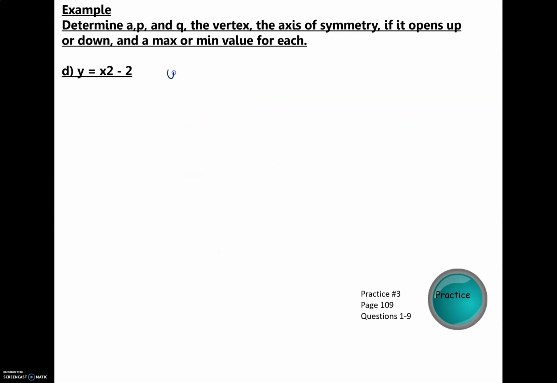This example here would look like this. a value is a 1. p value, well, there's nothing else with that x, it's a 0. q is a negative 2. So the vertex is happening at the point 0 and negative 2. The axis of symmetry is happening at x equals 0.